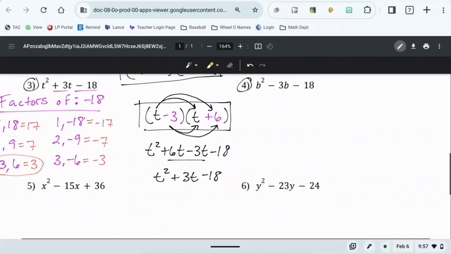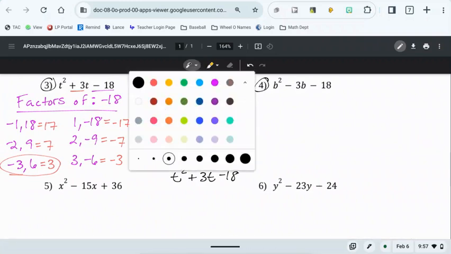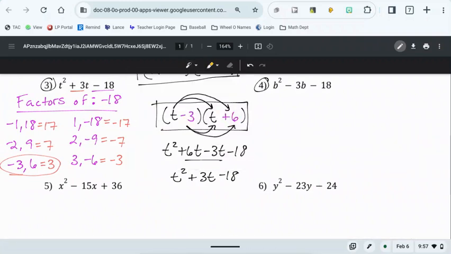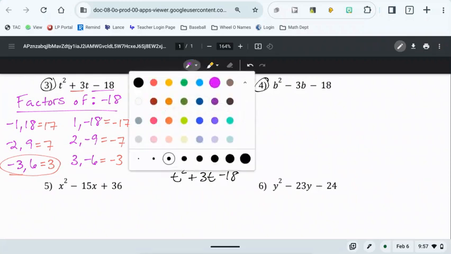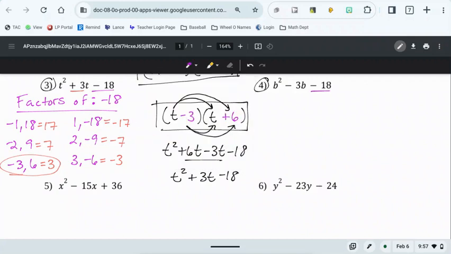Now, let's go over to number 4. And the reason why I chose this one to do next is because there is one slight difference. Yes, the variables are different. We have b in number 4, and we use the letter t in number 3. But we are still looking for factors of negative 18. So we already have those factors listed out.